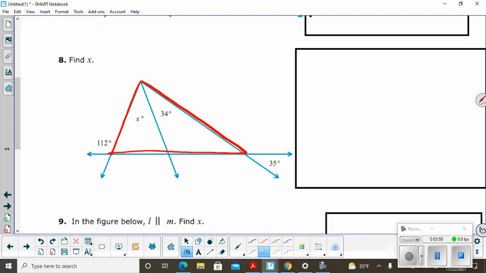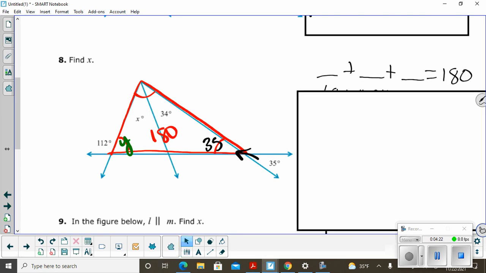This next one you see, the x is not on the outside. The x is embedded into the actual triangle itself. And if I look, I have a larger triangle, this entire triangle right here. So I know this right here plus this are going to equal 180. I can probably, as you all know, add those up and find what x is.